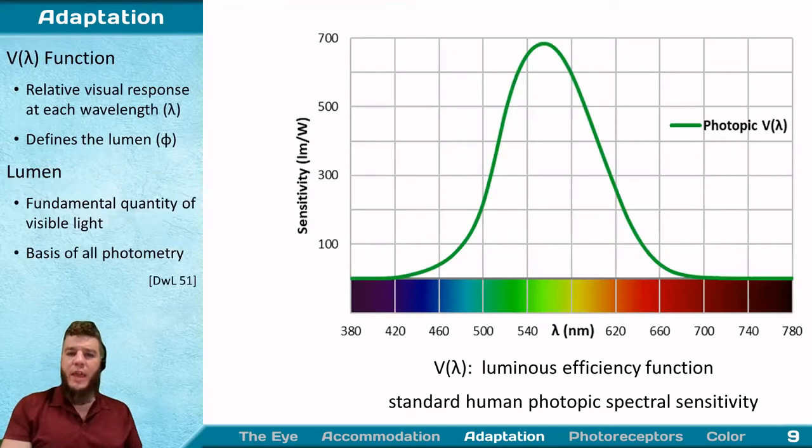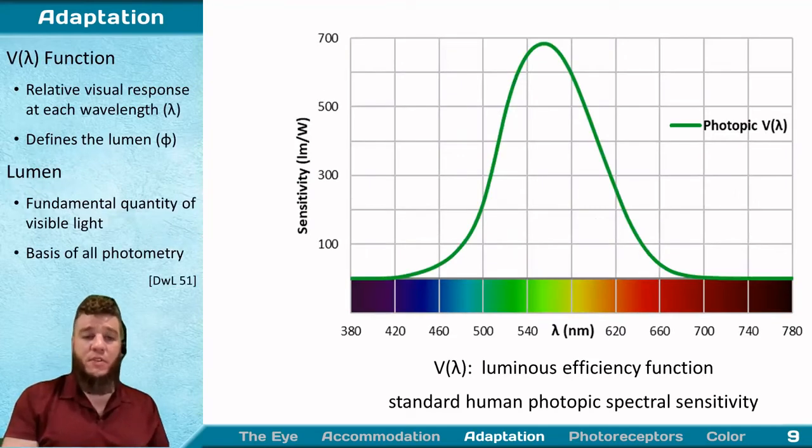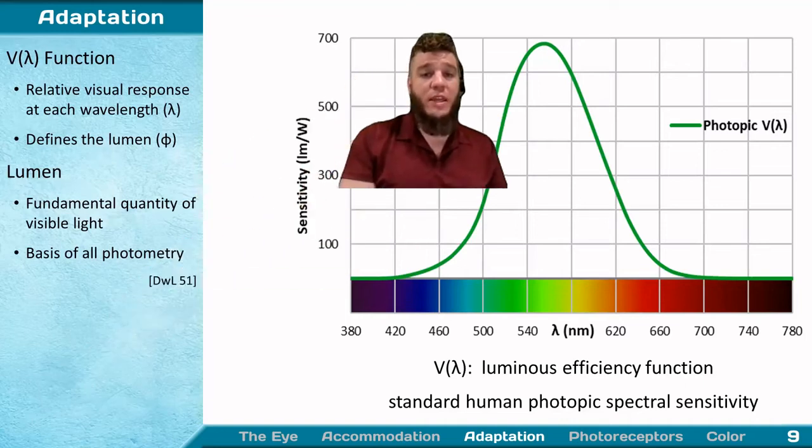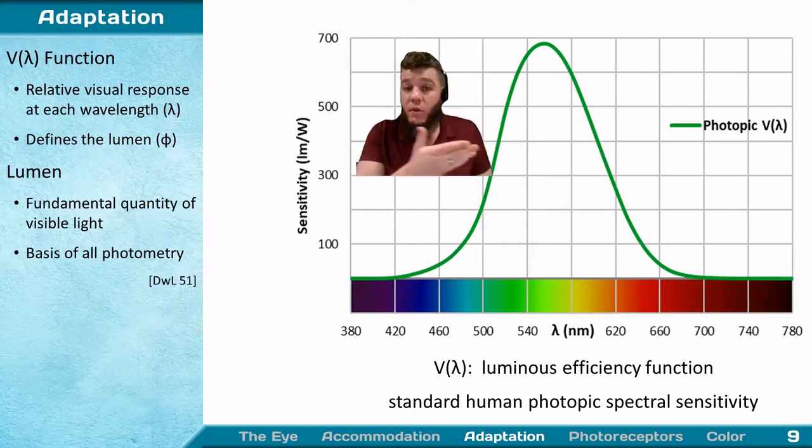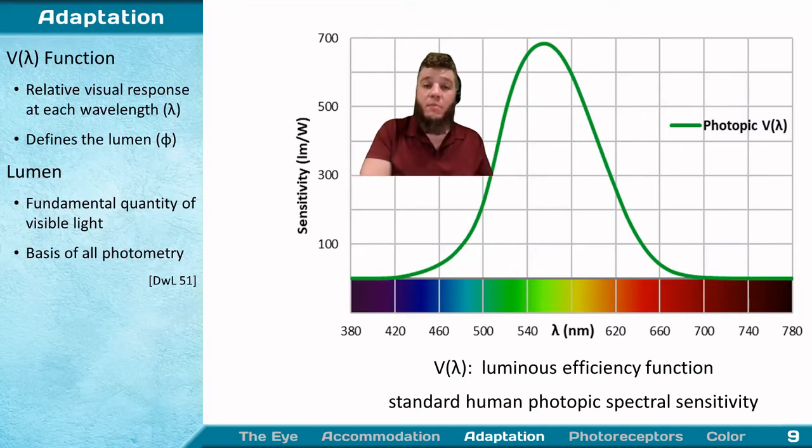Let's take a closer look at that photopic spectral sensitivity curve because this one is really important. In fact, we have a name for this function and we call it the V lambda function. And that's because this defines the standard human photopic spectral sensitivity. So in most visual situations, this is how we respond to different wavelengths of light.